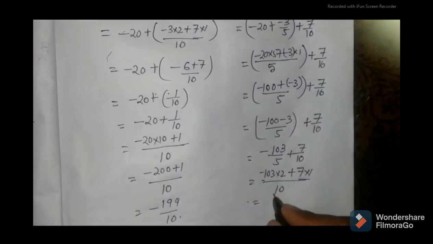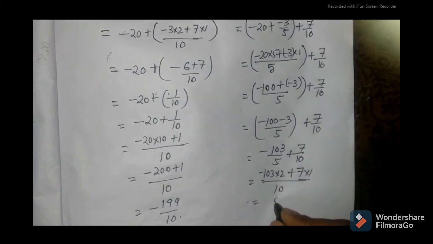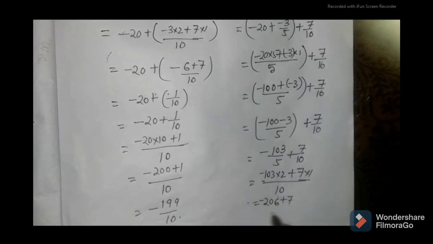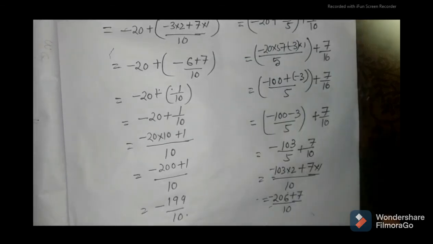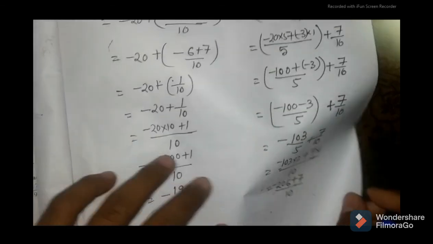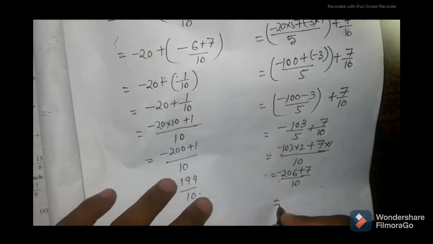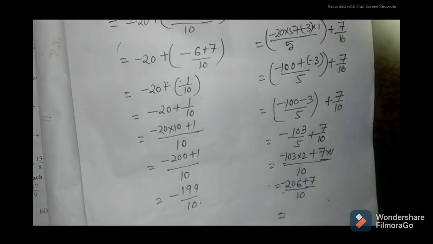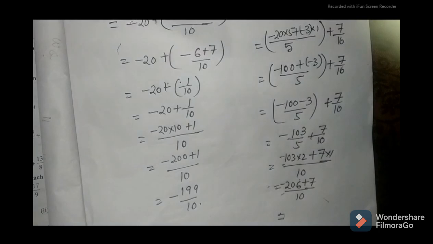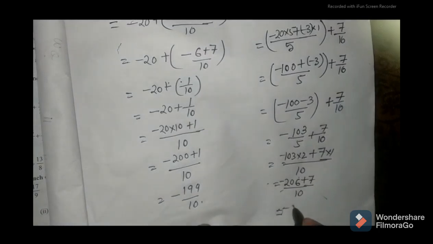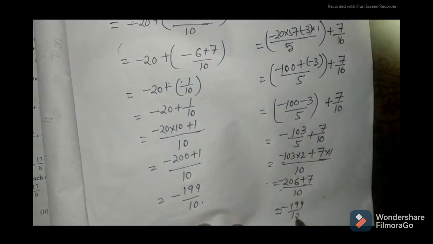Now 103 into 2 is 206, minus 206 plus 7 by 10. So what will be the answer? Minus 206 plus 7, it is minus 199 by 10.